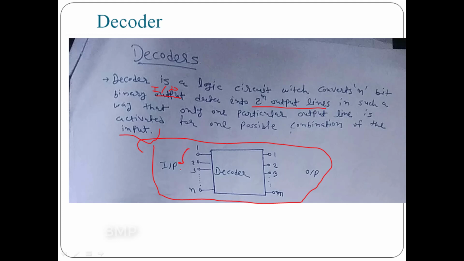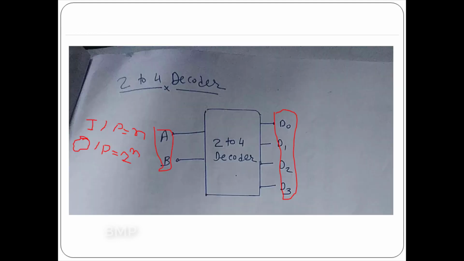These are the input lines 1 to n, and our output lines will be 2 raised to n. Maximum output lines will be 2 raised to n. In the 2 to 4 decoder we have 2 input lines and 4 output lines D0, D1, D2 and D3. Different books use different notations.